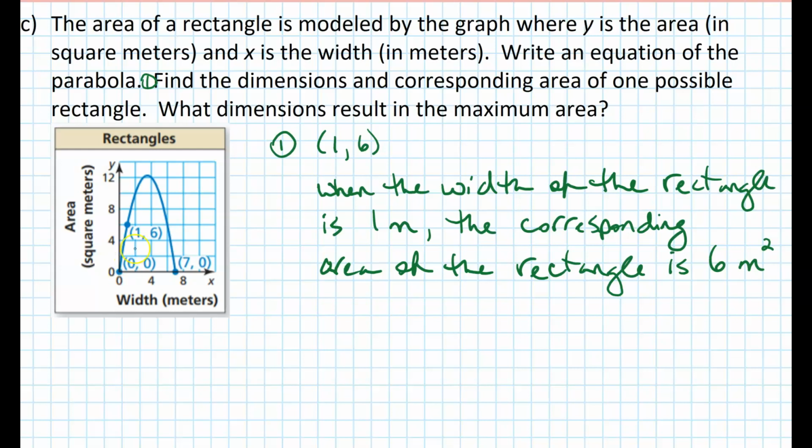So then basically what happens once we pass (1, 6) and we keep going further to the right? What does that mean?